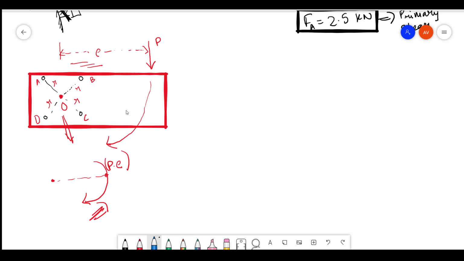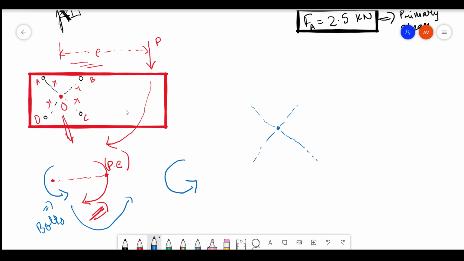How will you balance this moment? By providing a counter moment, which is provided by the bolts. So the net moment from the bolts has to be in this direction to counterbalance it. Now if you draw again, what can you say?